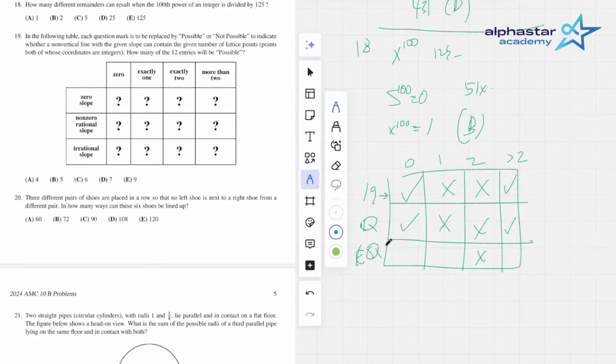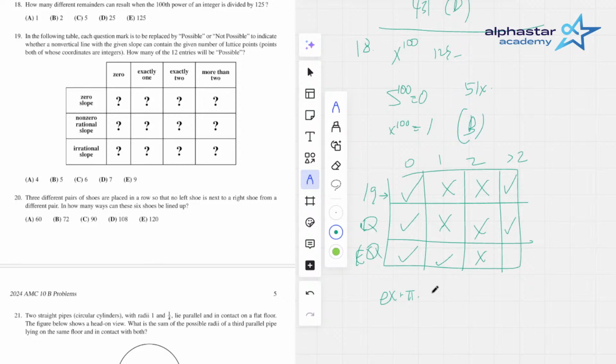Irrational slopes can pass through exactly 1. Basically, e x plus pi is never going to be an integer, right? So we're happy with that.